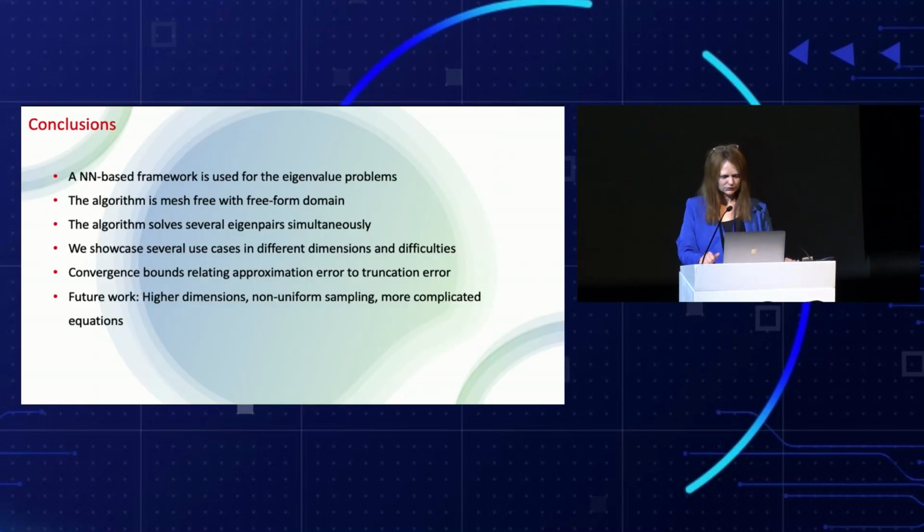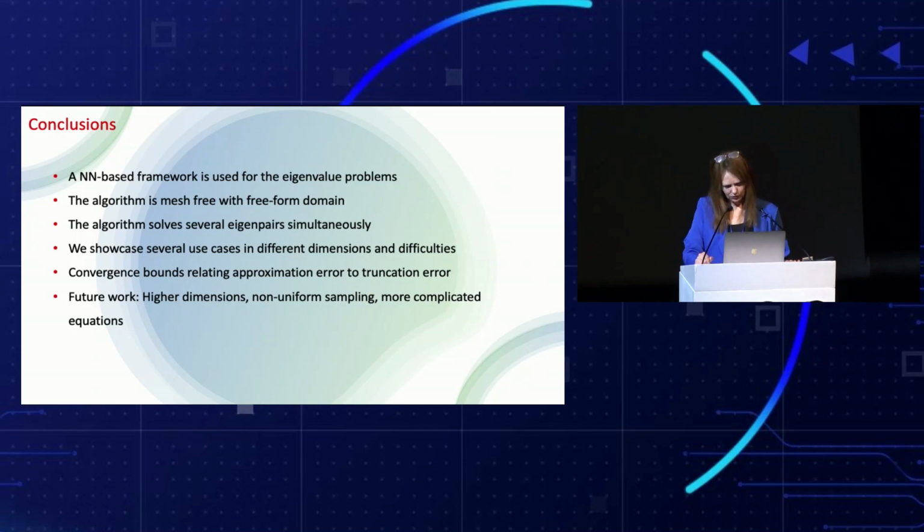So to conclude, we suggested a neural network-based framework for the eigenvalue problem. The algorithm is mesh-free with a free-form domain. We solve several eigenpairs simultaneously. We showcase several use cases in different dimensions and difficulties.